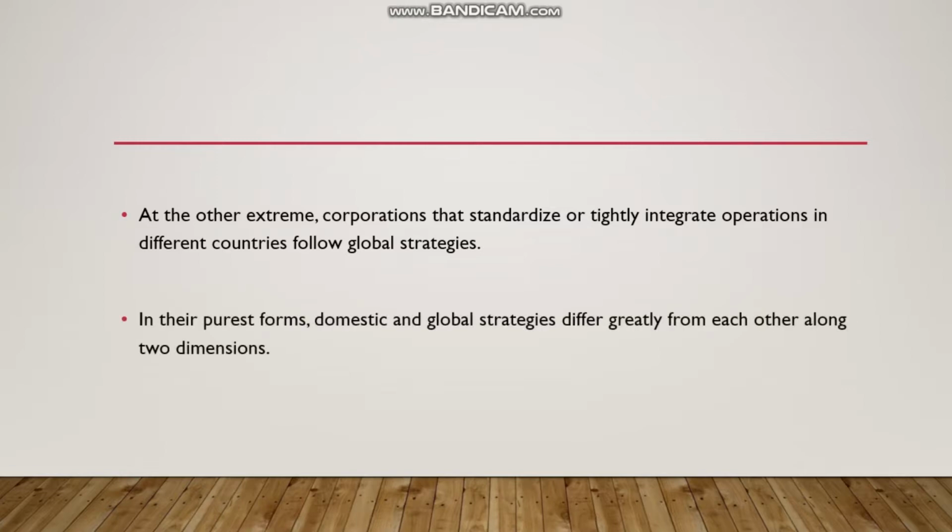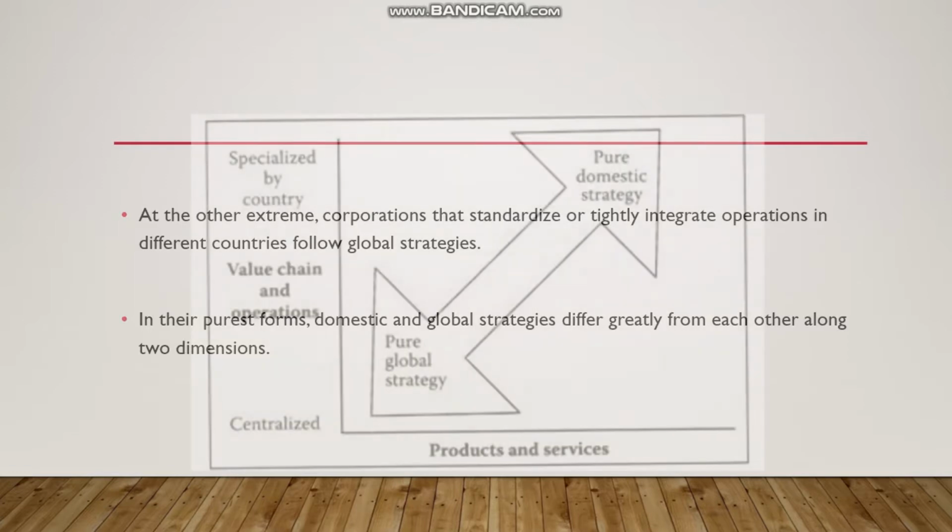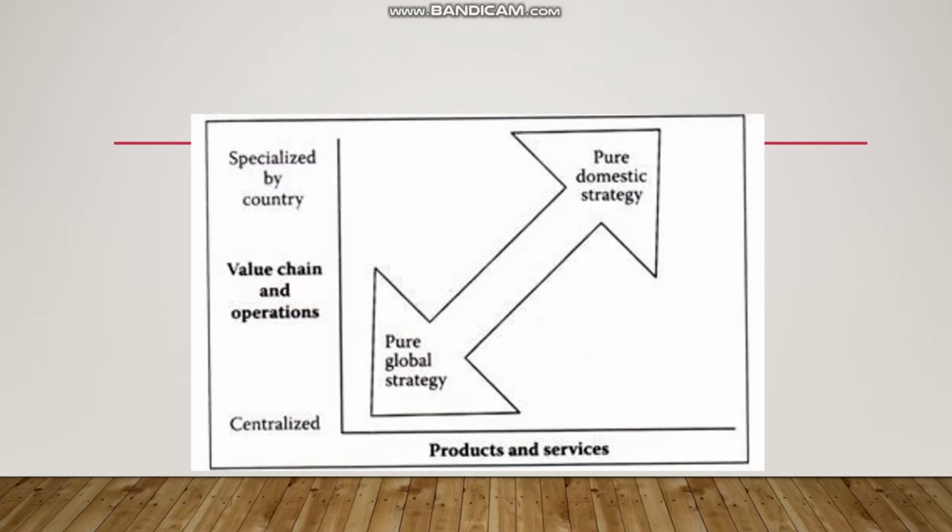a single market. In their purest forms, domestic and global strategies differ greatly from each other along two dimensions. First, firms following a pure domestic strategy allow managers in each country to adapt their products and services to fit the local market, preferences, government regulations, technological capabilities, and competitive situations.